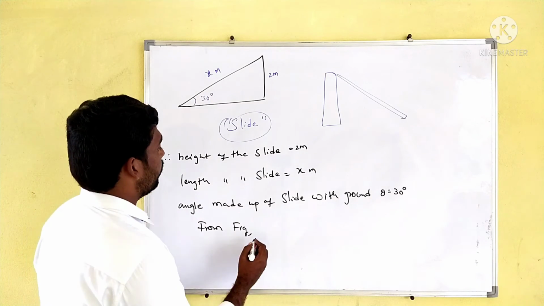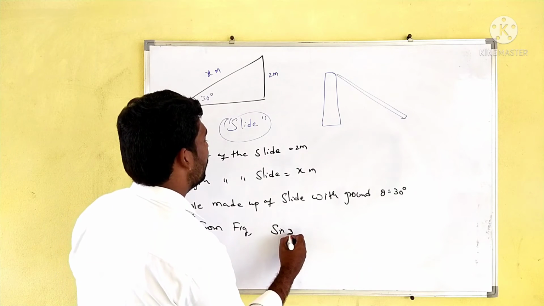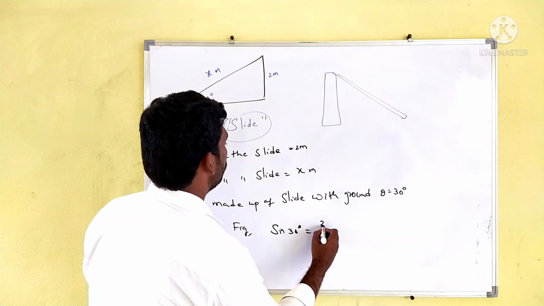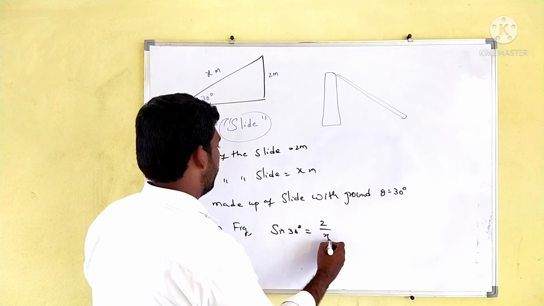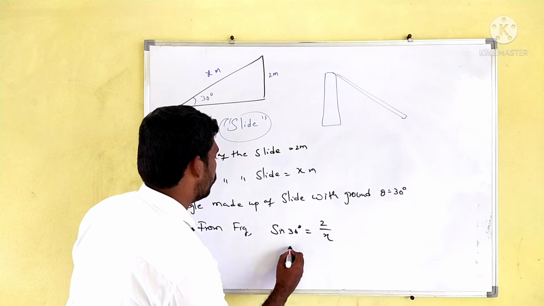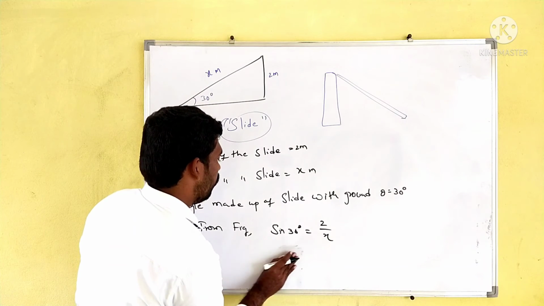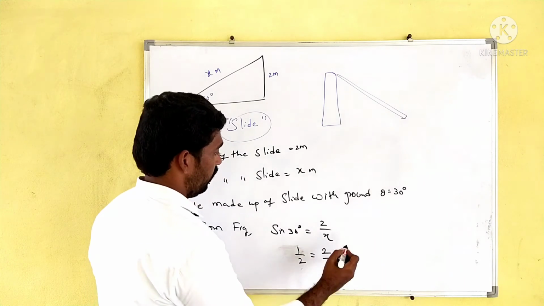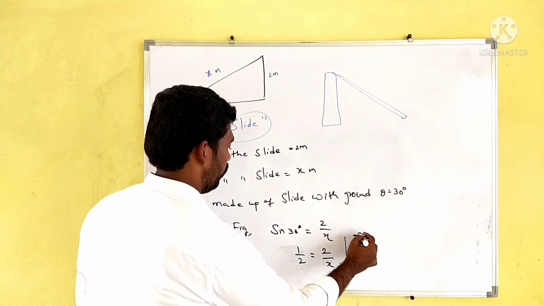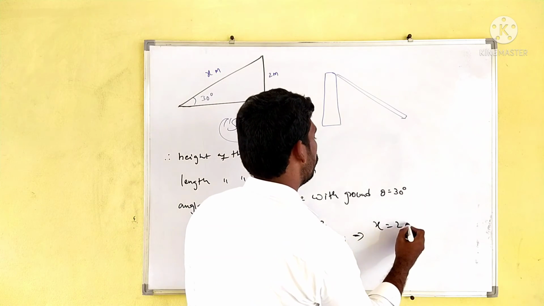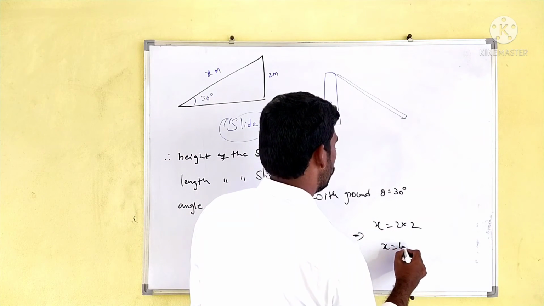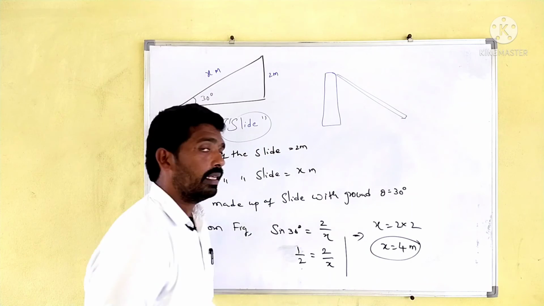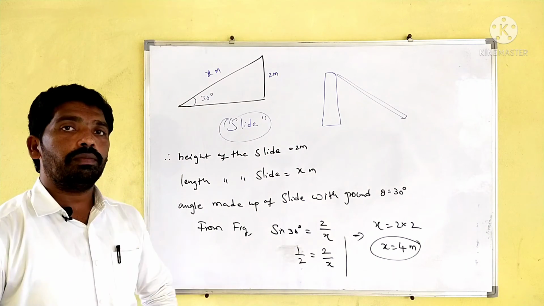Sine. Sine 30 degrees equals opposite by hypotenuse, 2 by x. Sine 30 degrees is 1 by 2. So 1 by 2 equals 2 by x, and x equals 2 into 2, which is 4 meters. So the length of the slide is 4 meters.